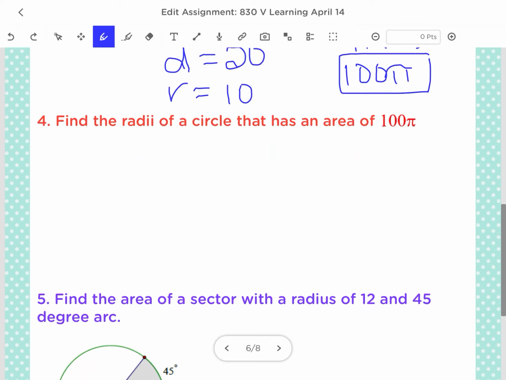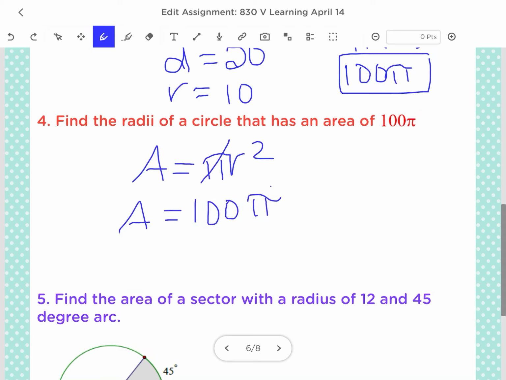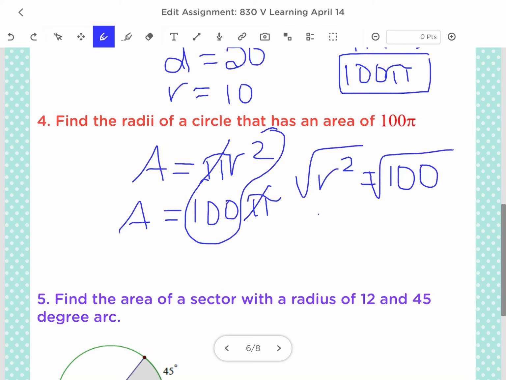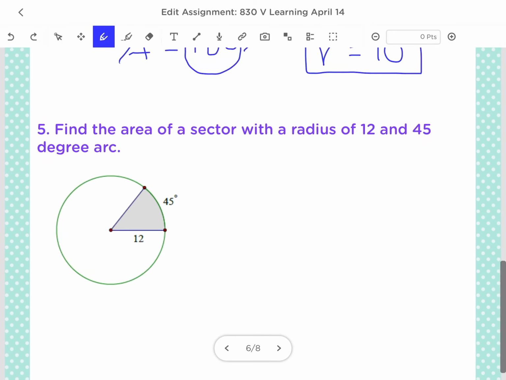Find the radius of a circle that has an area of 100 pi. If area is equal to pi r squared, and we know this is 100 pi, again those pi's will cancel out, and we know that the square of the radius is 100. So I'll take the square root of that. The radius is 10, and that's all it's asking me to find.